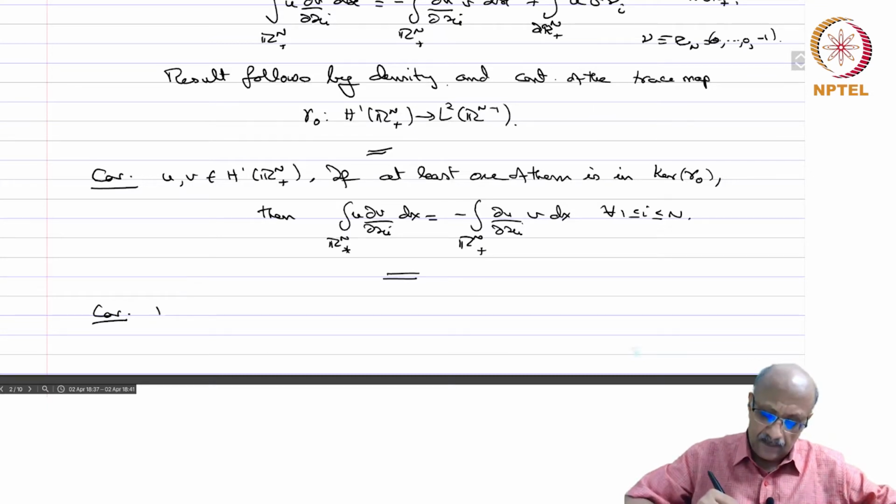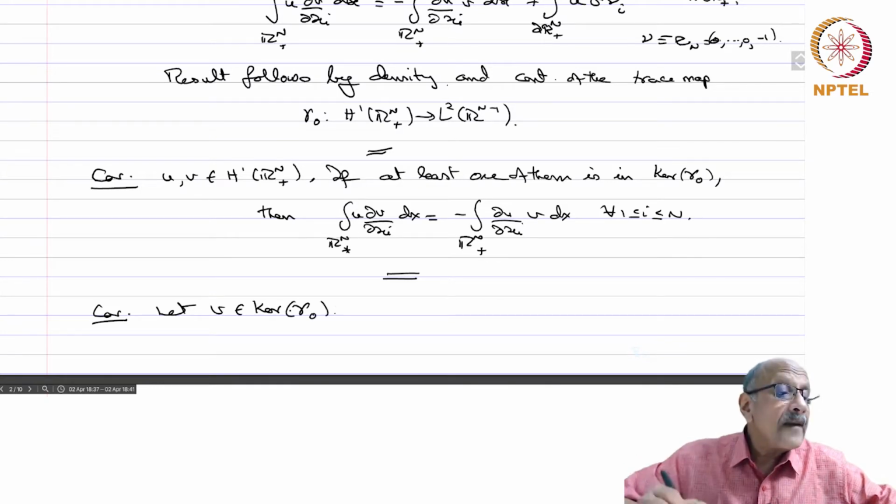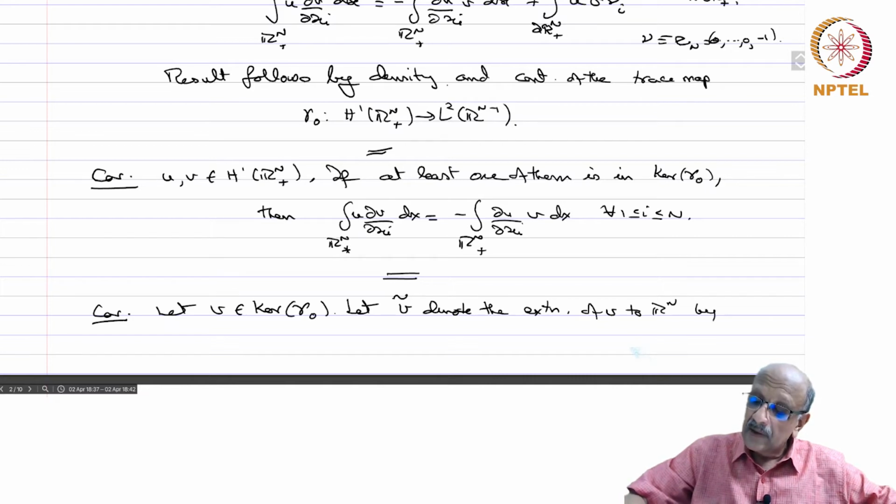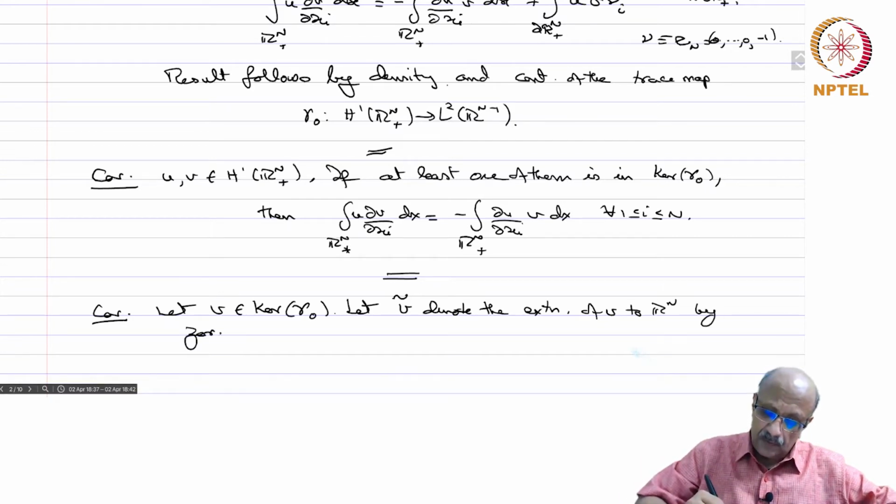let v belong to kernel of gamma naught. Let v tilde denote the extension of v to Rn by 0 outside Rn plus.